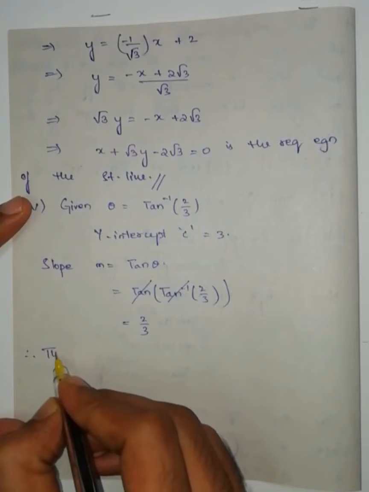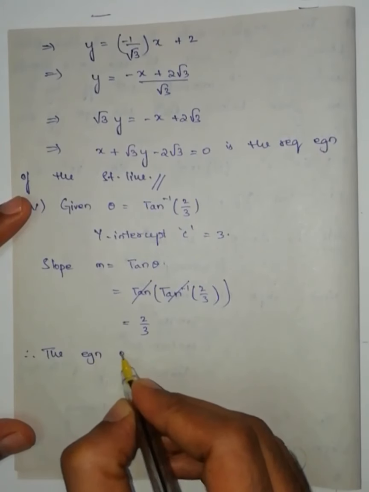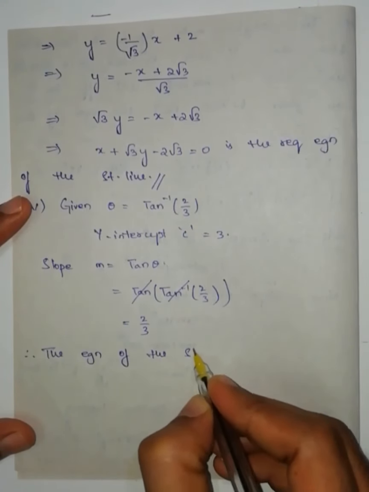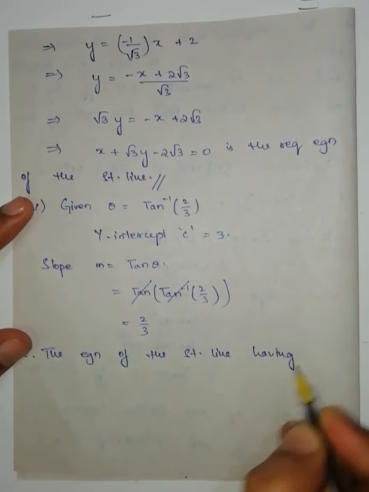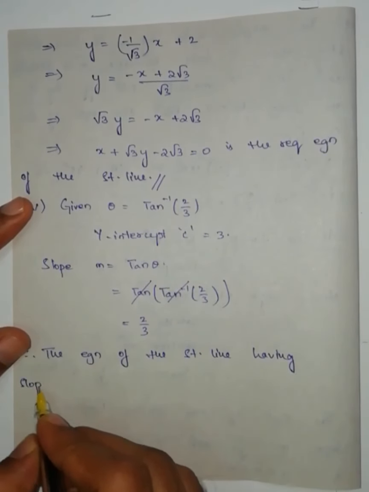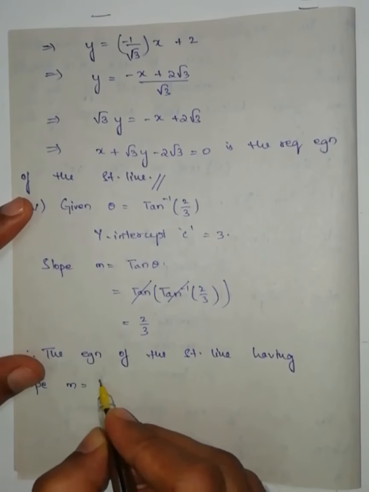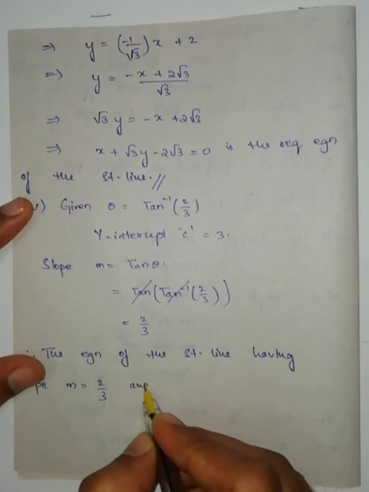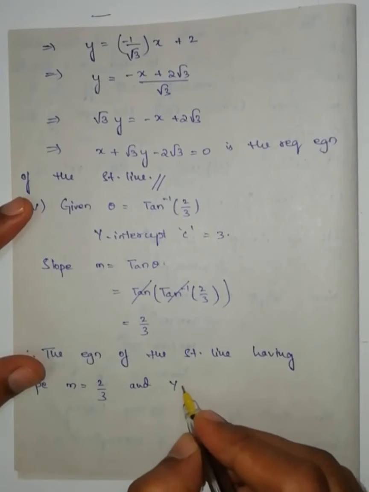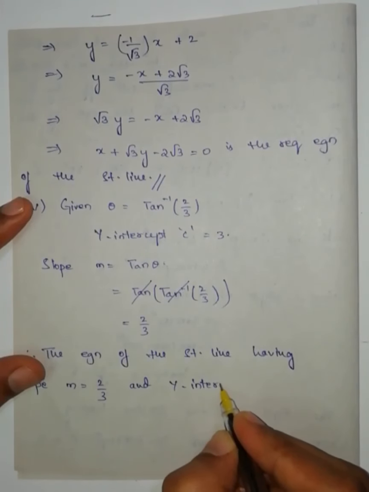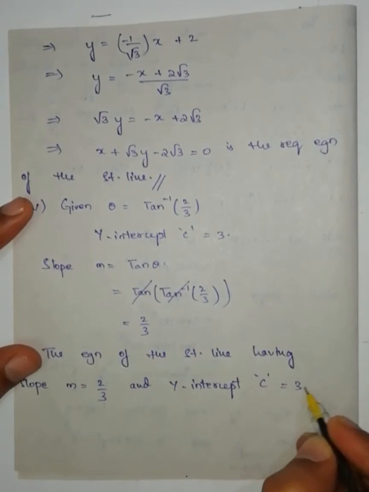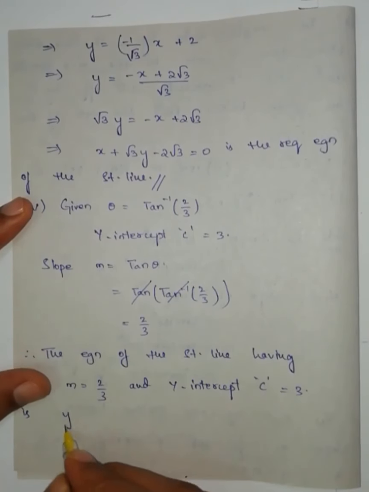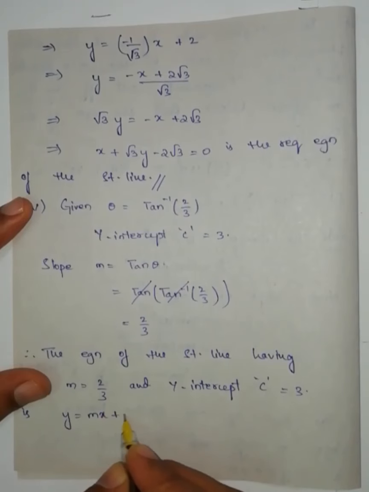Therefore the equation of the straight line having slope m equal to 2 by 3 and y-intercept c equal to 3 is y equals mx plus c.